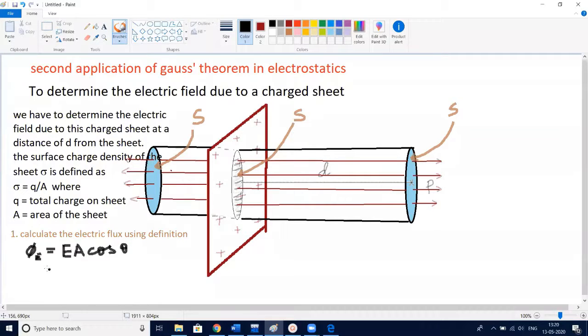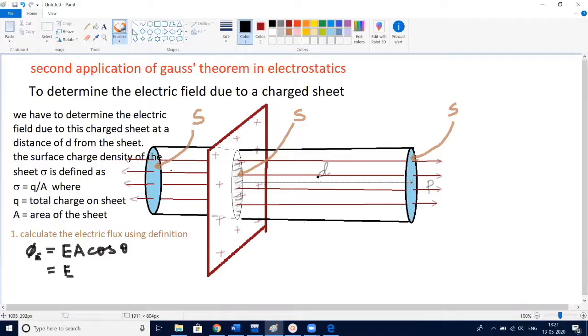Okay, so that is equal to E into what is the total area for calculating the flux? The only areas to be considered for calculating the flux are this area and this area.